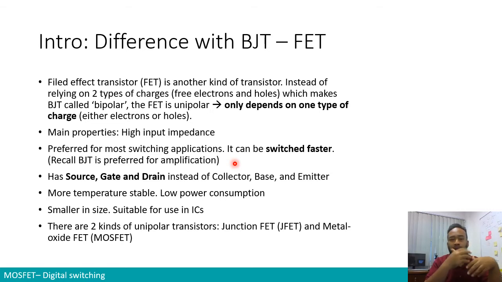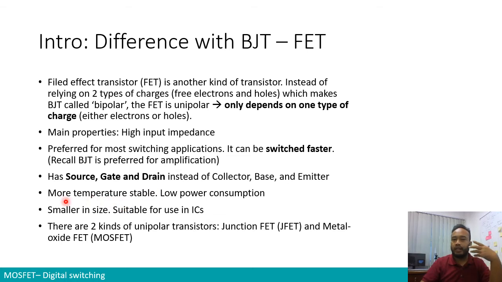We discussed amplifiers and so on, but here it's more towards the switching application, turning on and turning off a circuit. As I mentioned just now, we still have three terminals, but instead of a collector, base, and emitter, in a FET we have a source, gate, and drain.